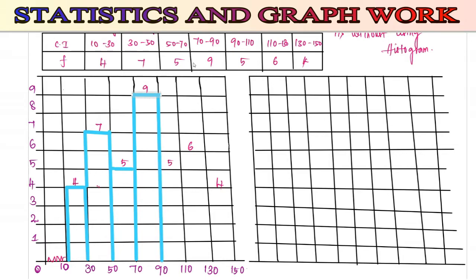The next one is for 5. The next one is for 6. Okay, the next one is for 4. Here the last class interval is 4. Okay, now we have drawn the histogram.